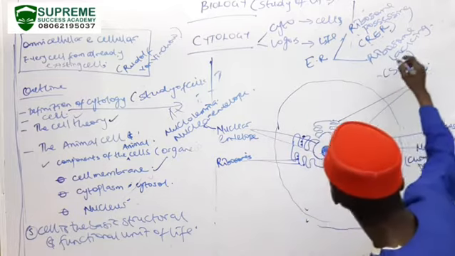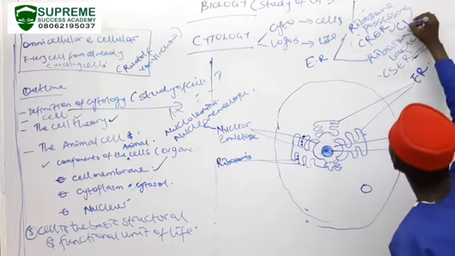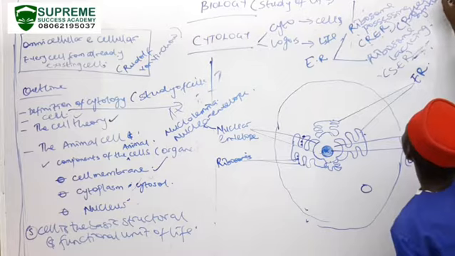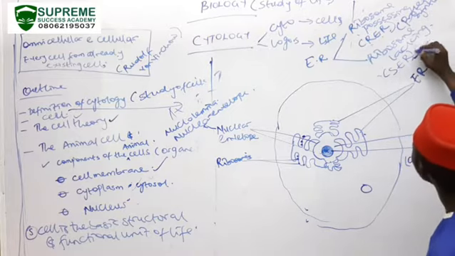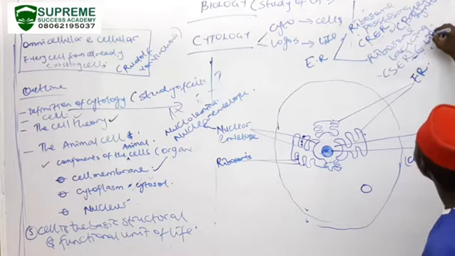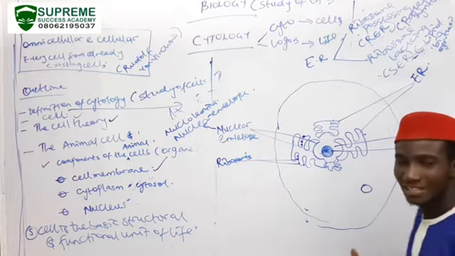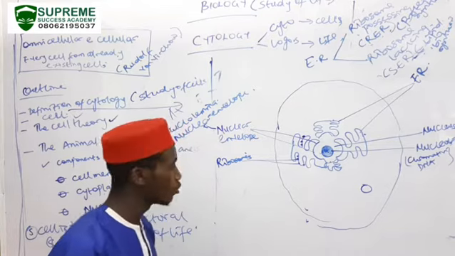Rough endoplasmic reticulum is for protein synthesis, while smooth endoplasmic reticulum is for lipid biosynthesis, or sometimes even playing a role in calcium homeostasis.